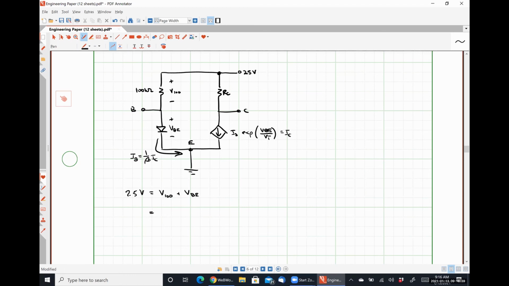Well, V100 is what? Let's say in terms of the base current. 100 kilo ohms times IB, right?